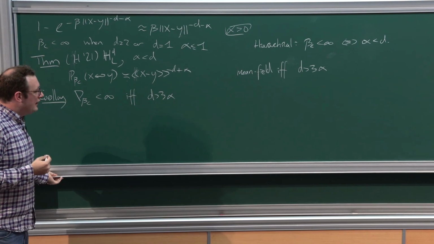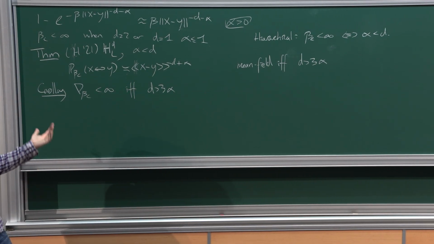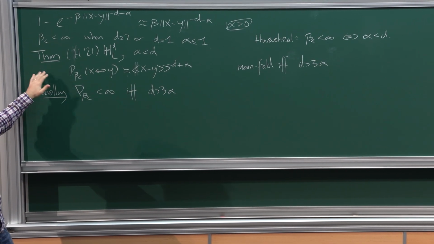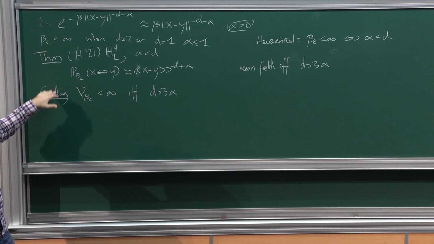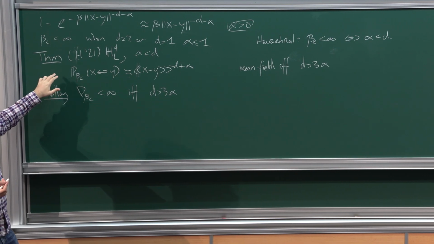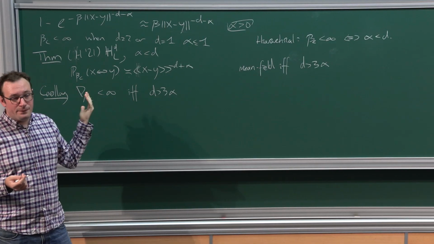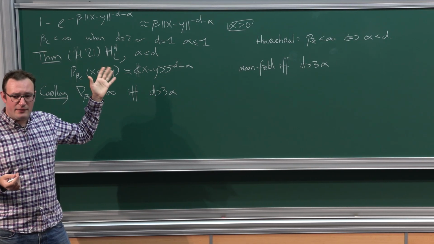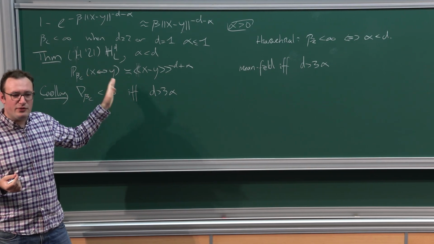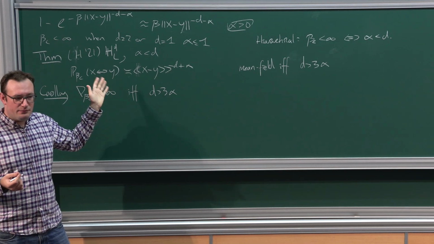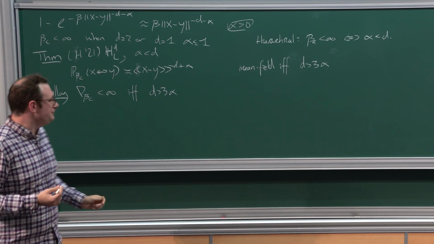In fact, we can also prove that the exponents don't take their mean field values when d is strictly smaller than 3 alpha as a consequence of these rigorous hyperscaling inequalities I mentioned before, but I won't state that for now because we're going to state much stronger theorems soon.